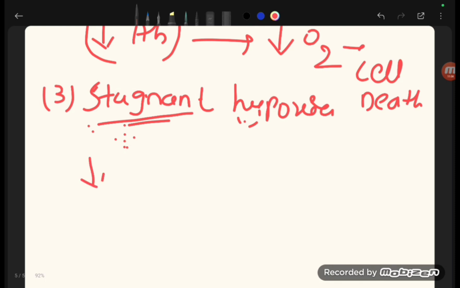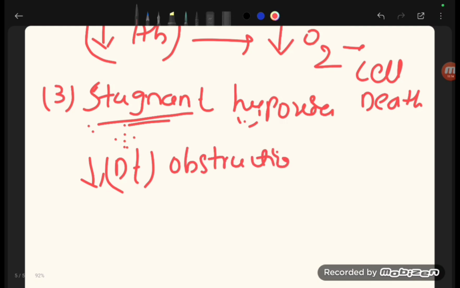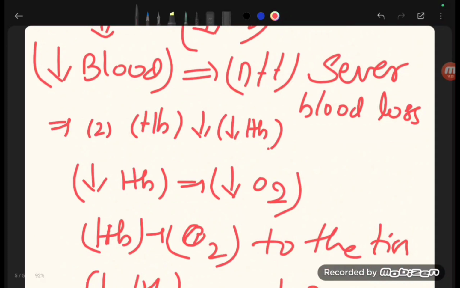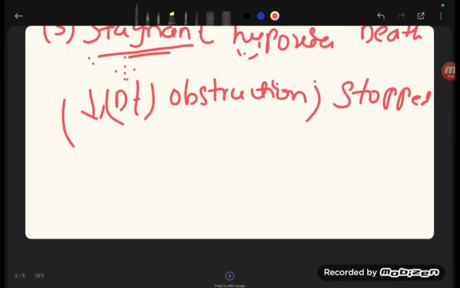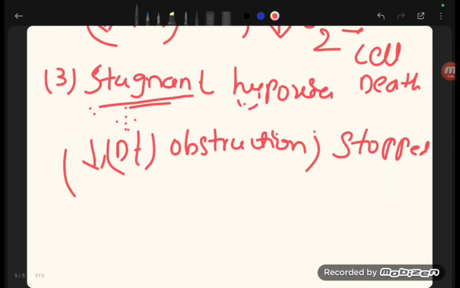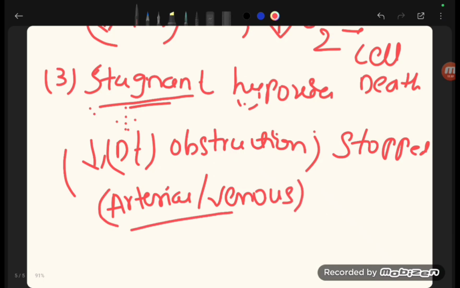Stagnant means due to obstruction, the blood cannot be supplied, or the supply of blood is obstructed or stopped due to some obstruction. It may be arterial obstruction, or it may be venous obstruction.